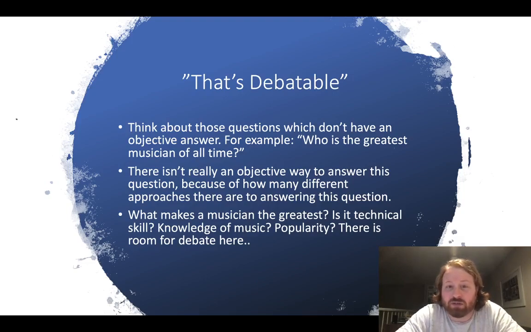It's debatable. It's up for debate. And so once we have that as kind of our starting point, right? If we agree that things can be argued different ways, now, how do we make those arguments? How do we make good arguments, right?